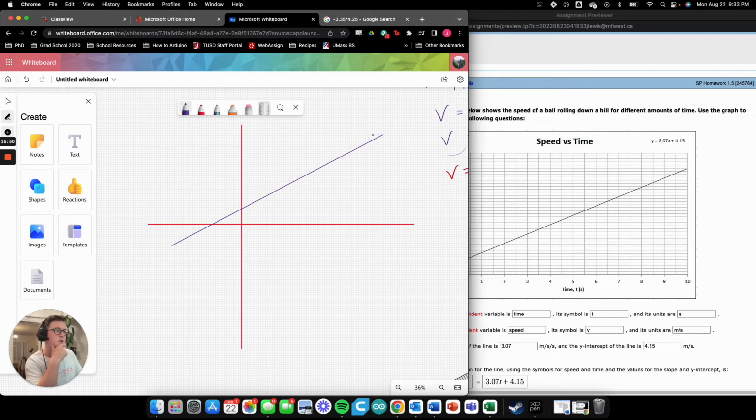This line is described by the equation y equals mx plus b. Y is the y value at any given point. So this y value would be equal to the slope of the line times this x value plus the intercept, or letter b.